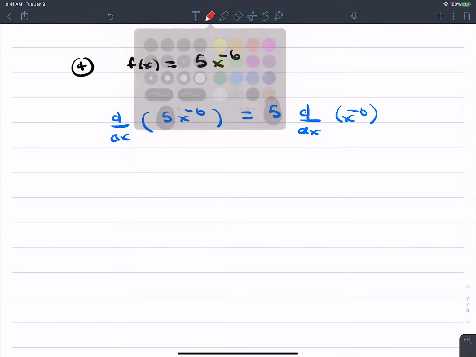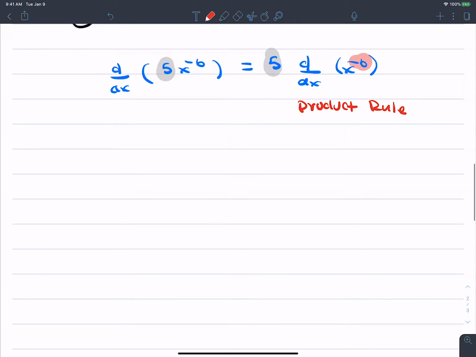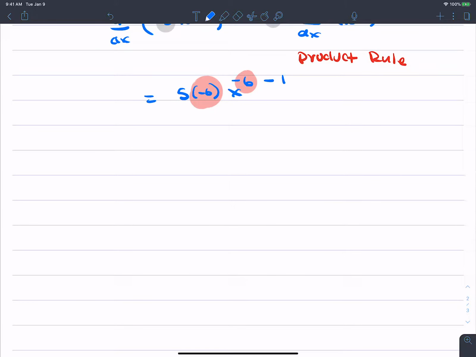Now then you say, what do I do over here? You're going to use the power rule. That power is negative 6. So the power rule says, here's that negative 6, times x to the power minus 1. So this is times negative 6. Don't forget that's negative 6 minus 1 here. So you got negative 30 x to the negative 7th power, because you did some arithmetic here.